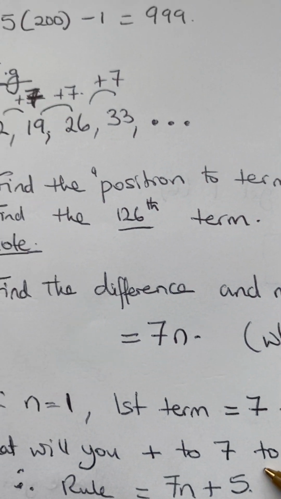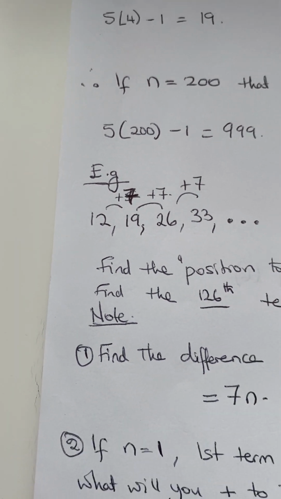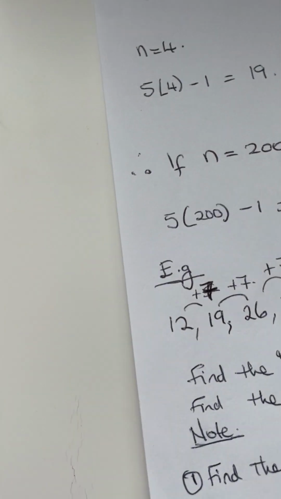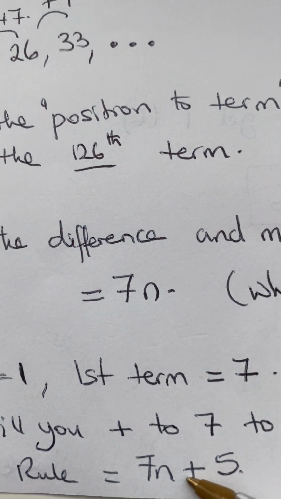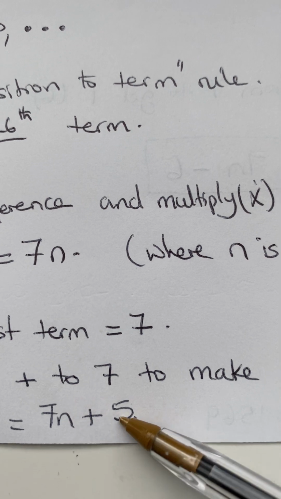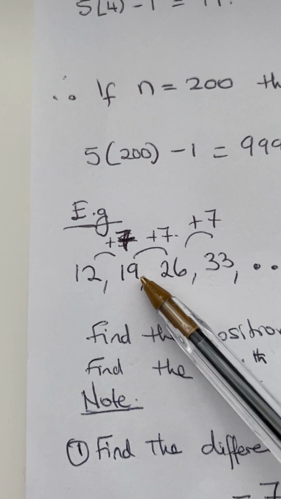Now we have to test and see if it applies to the other numbers, which you can easily do on your calculator. So 7n plus 5. When n is 2, we have 14 plus 5, which will give us 19.